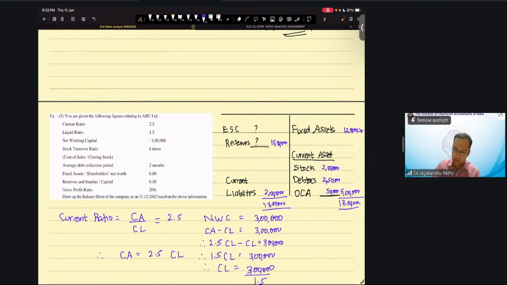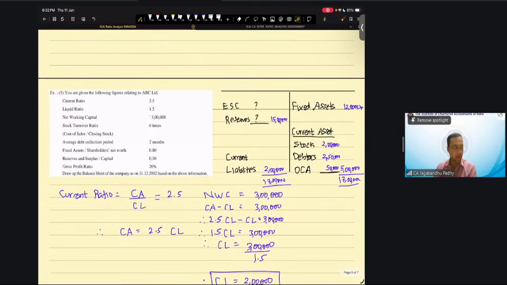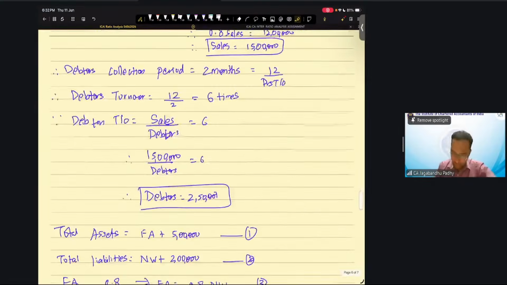but still there are two more items which need to be computed, which are equity share capital and the reserves. And for that, we have this ratio, reserves and surplus to capital is 0.5. Let's use that ratio.